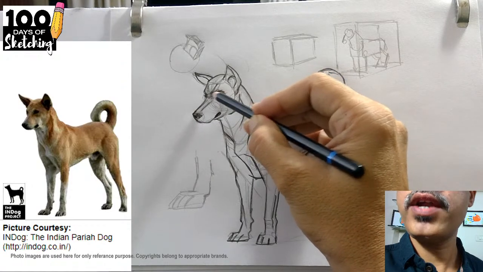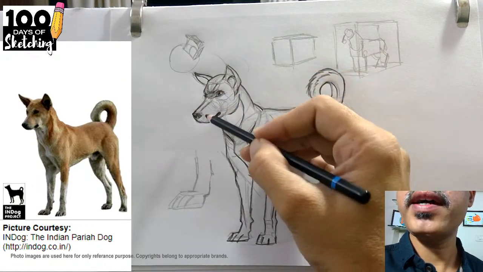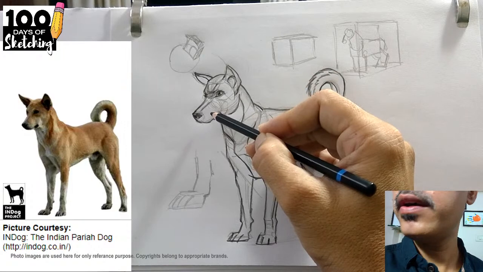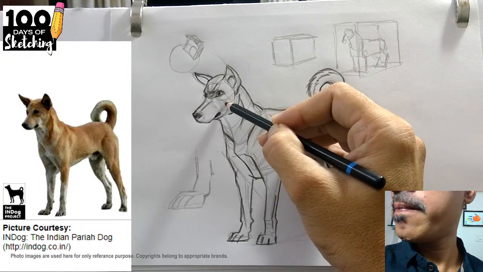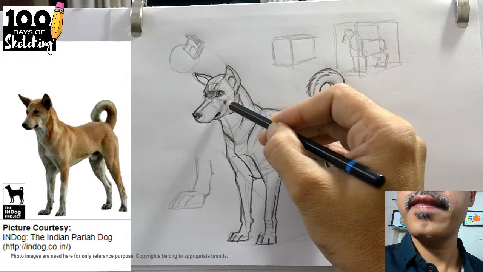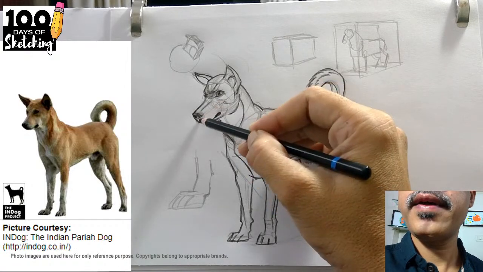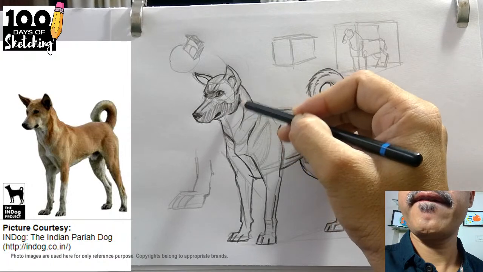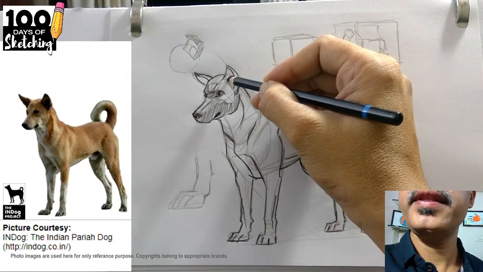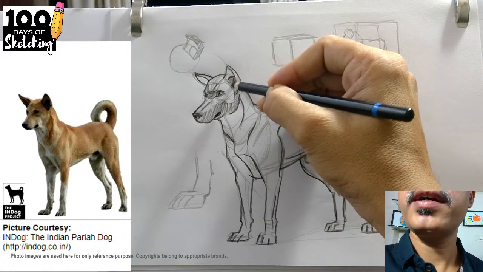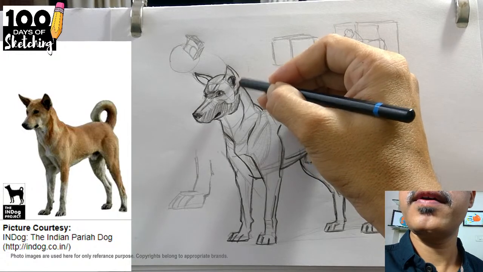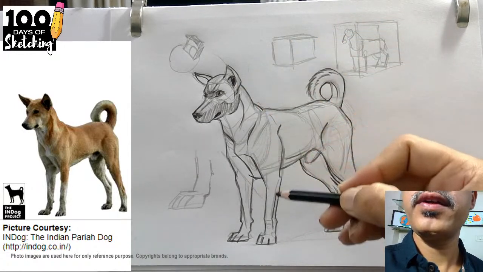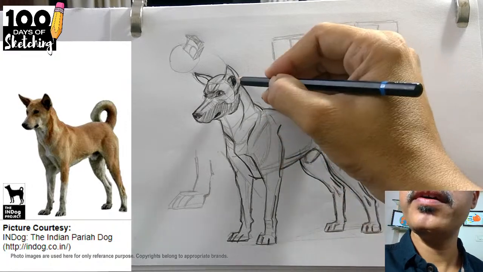So this is the shadow, this is the portion where it is dark, and this side area is in the shading part. Again, this portion will be more dark to show the depth of the ear.